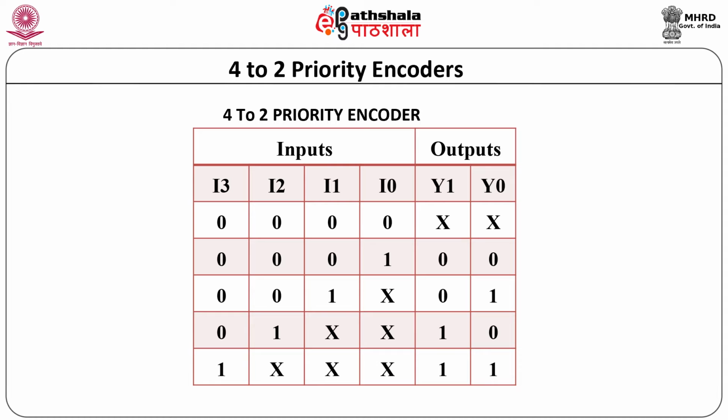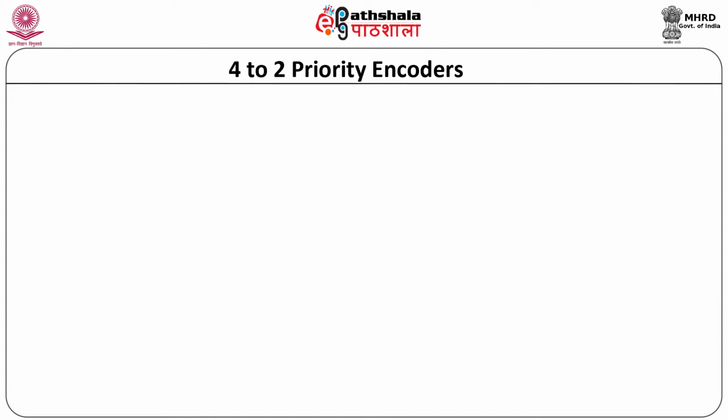As shown in the truth table, out of the 4 inputs, I3 has highest priority and I0 has lowest priority. That means when I3 is equal to 1, then Y1 is equal to 1 and Y0 is also equal to 1, irrespective of other inputs. Let us now prepare a K-map for this priority encoder.